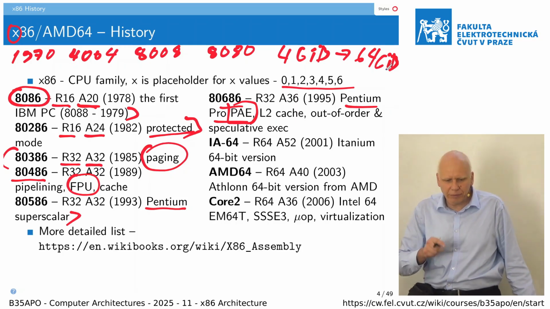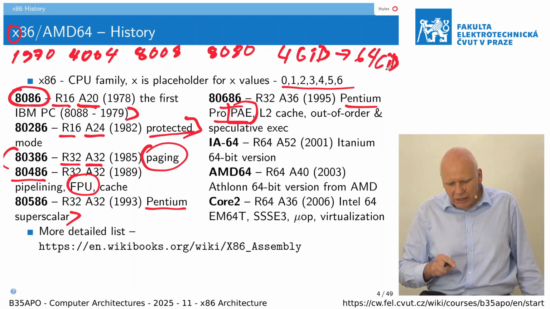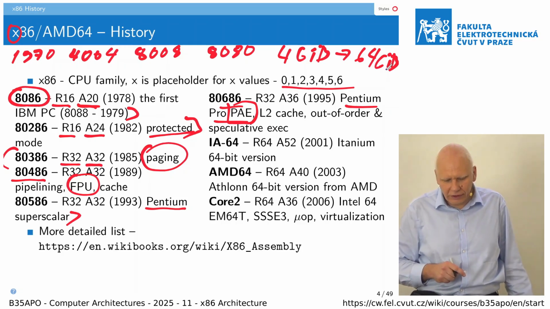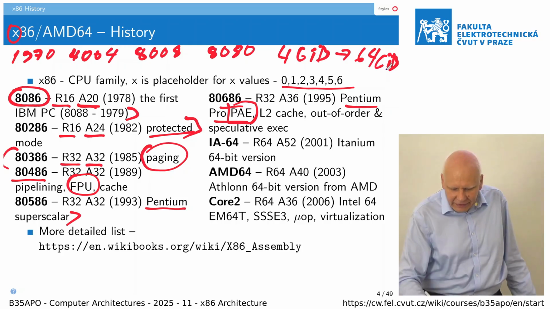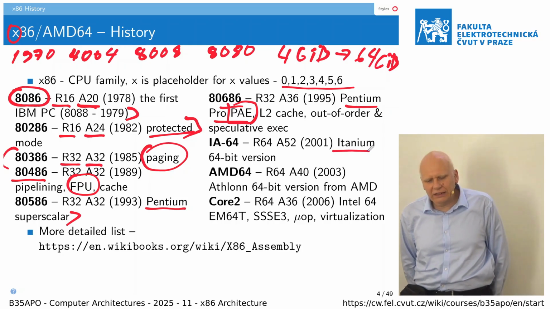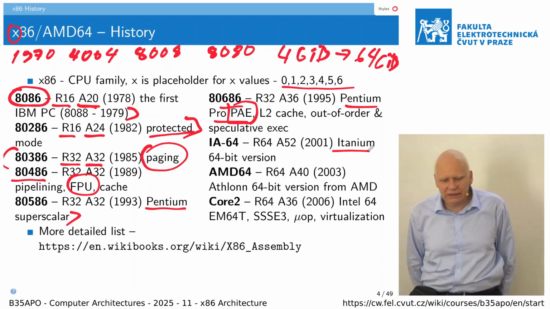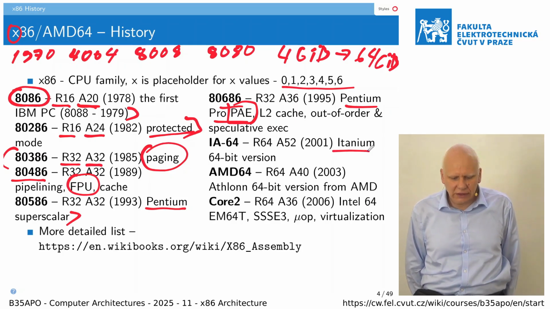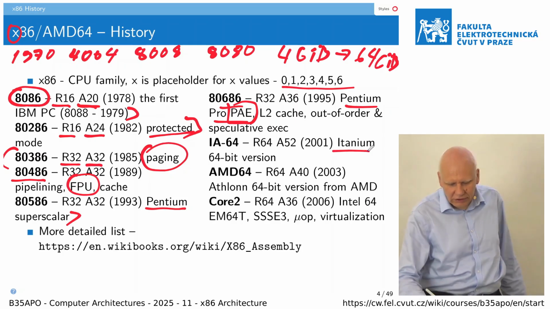But one process's virtual address space was still limited to 4 gigabytes. Then Intel found that the architecture is problematic, and decided to try a completely new design of the architecture, which was called the Itanium.